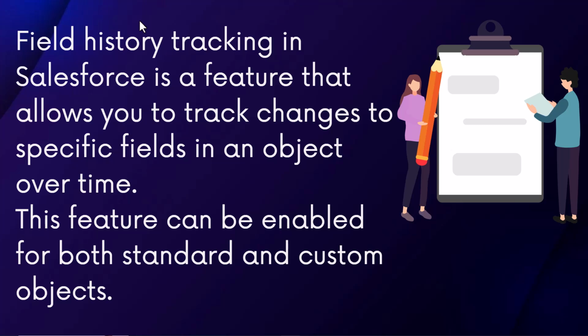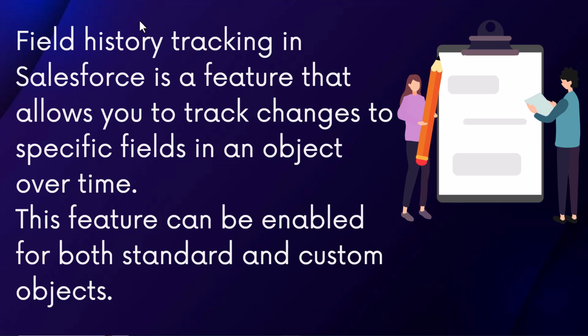This feature is very good, and in Salesforce we have this feature named field history tracking, which helps you keep a record of changes of a certain field. So you can see what the value was before, who made the change, when the change was made, and what the new value was. In case you want to check the previous value, you can easily check it.